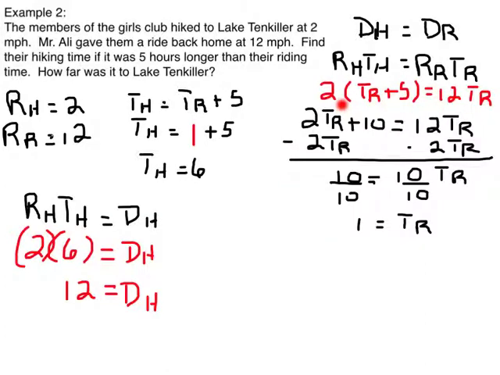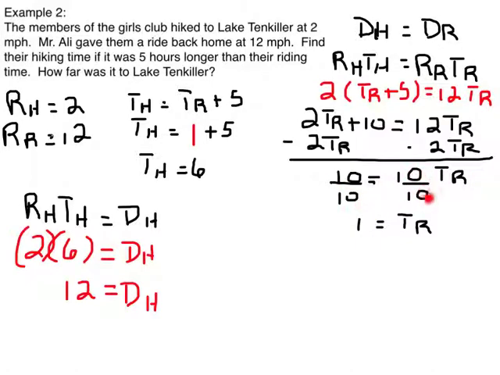We know that 2, which is the rate of the hiking, times the time of the hiking, which is TR plus 5, is equal to 12, the rate of the riding, times TR, the time of the riding. Do your distributive property. 2TR plus 10 equals 12TR. Subtract 2TR from both sides, and we'll have 10 equals 10TR.